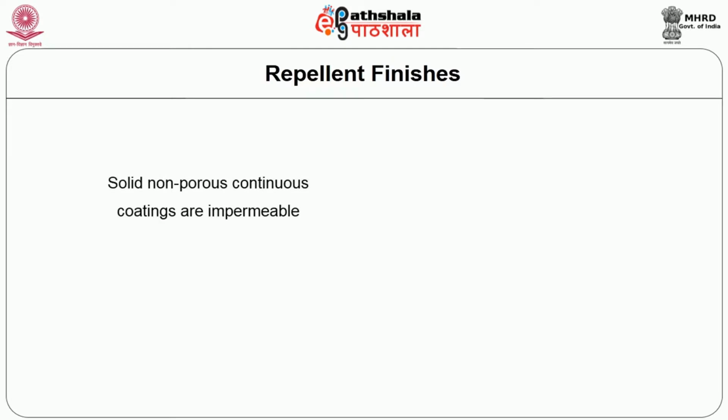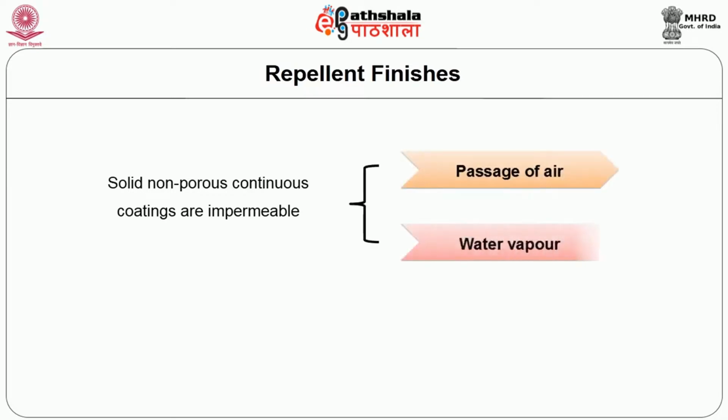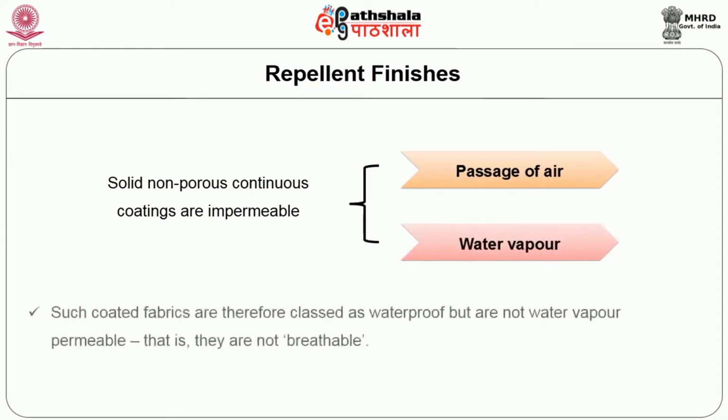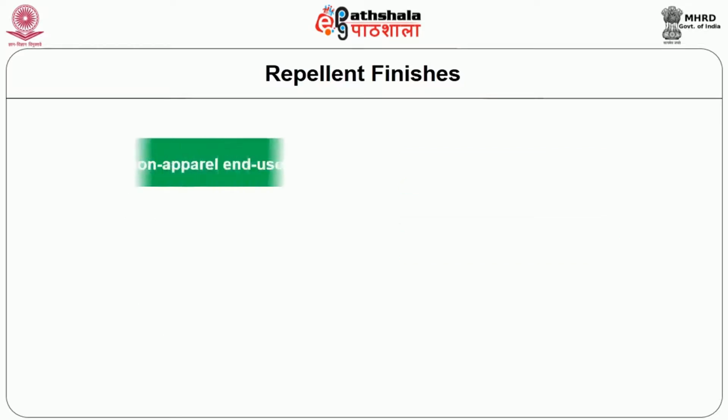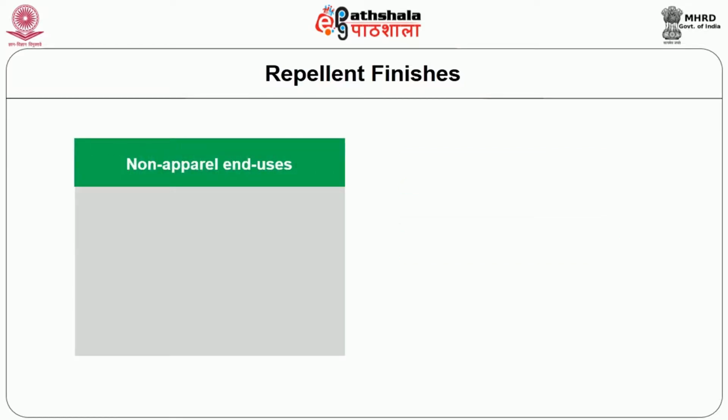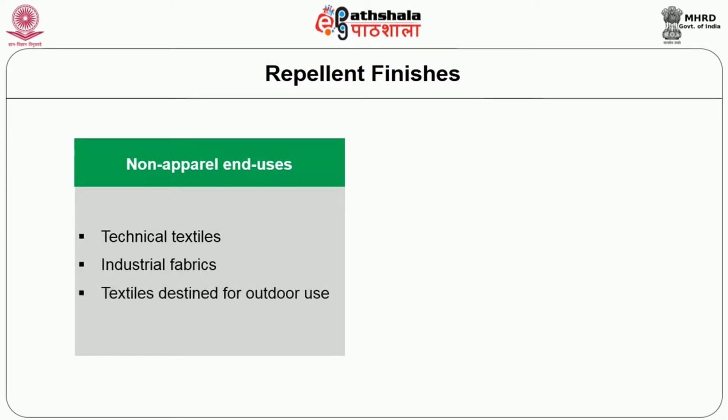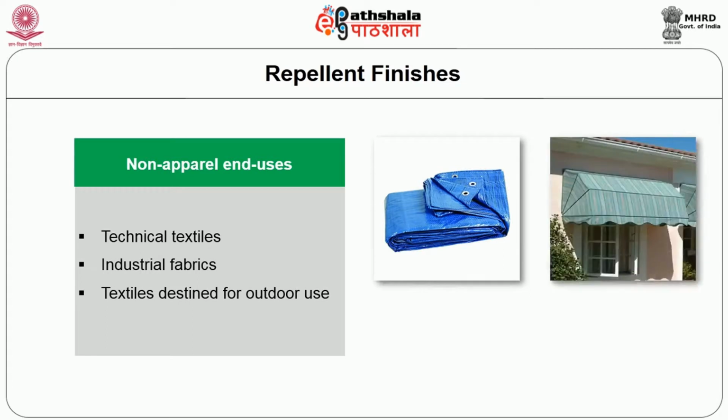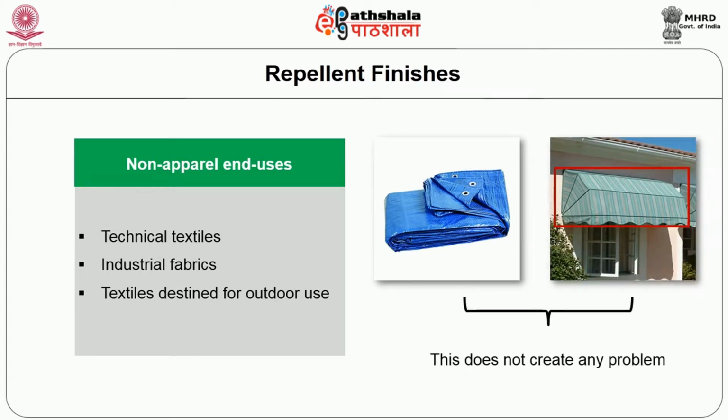However, such solid non-porous continuous coatings are impermeable both to the passage of air and of water vapor. Such coated fabrics are therefore classed as waterproof but are not water vapor permeable, that is, they are not breathable. For many non-apparel end uses such as technical textiles, industrial fabrics, and textiles destined for outdoor use such as tarpaulins or awnings, this does not create any problem.